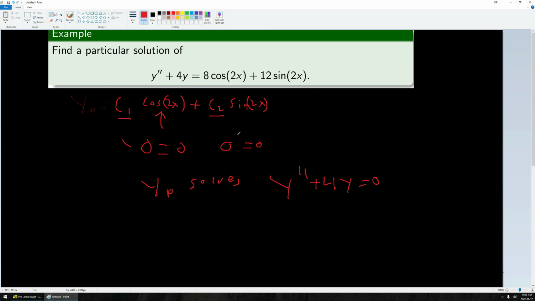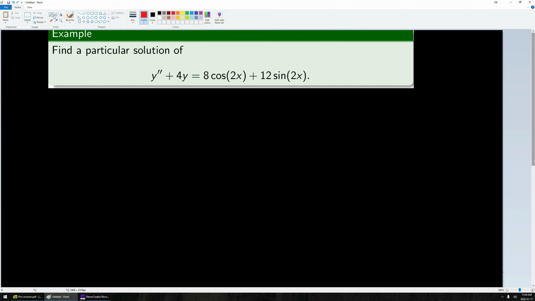Okay, so in analogy with what we did before, we're going to pick a new ansatz where we multiply all this by x. Explicitly, one would write that y sub p is, again by guess, or ansatz, x times an arbitrary constant times my cosine of 2x term here, plus another arbitrary constant times my sine of 2x here.